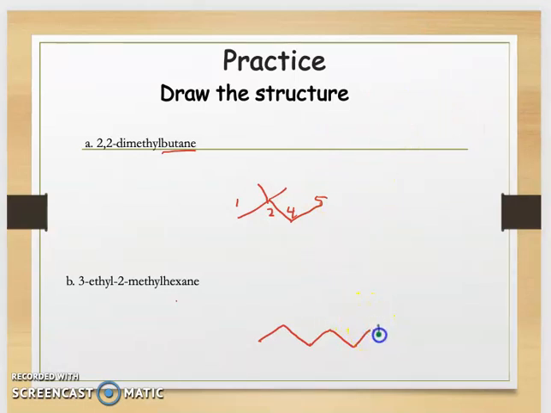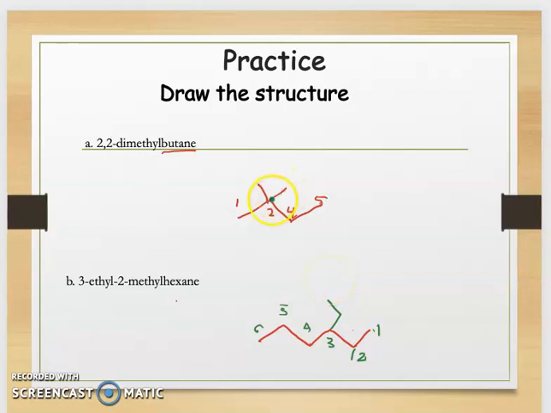If I count my carbons from here, carbon 2, carbon 3, carbon 4, 5, and 6. So on carbon 3 I have an ethyl. On carbon 2 I have a methyl. Okay, so there's my methyl.